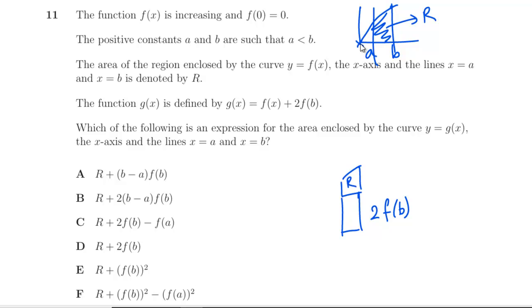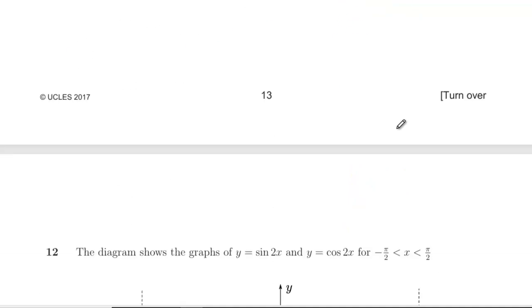So that's still going to be r. This is between a and b, so we're going to have b minus a times 2f of b plus r. Is that the first one? No, it's the second one, isn't it? B. That looks like B. Yeah, B. Okay, interesting question.